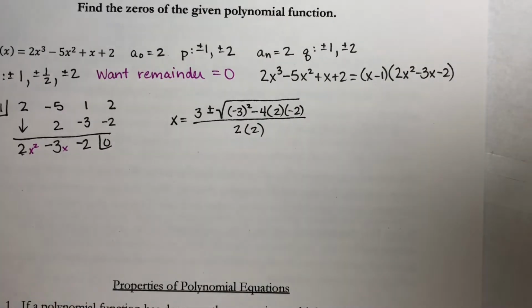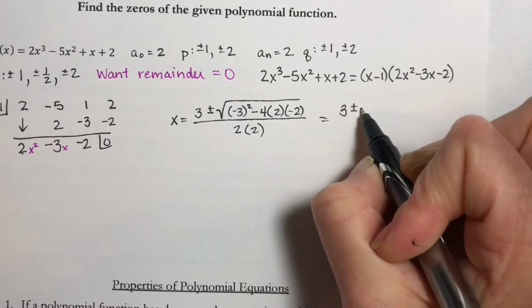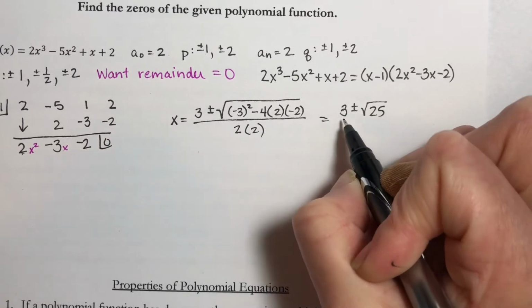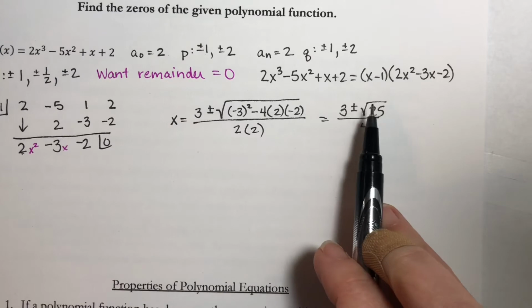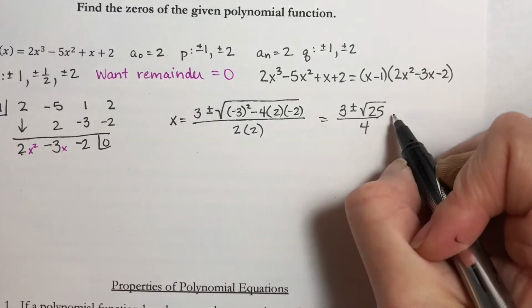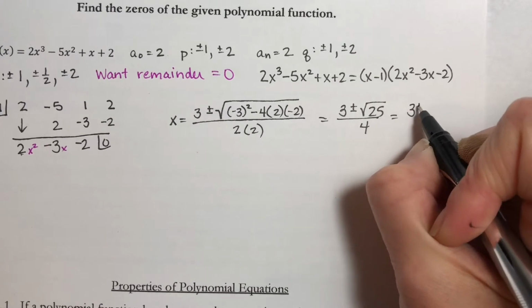If I do the calculations inside of the square root, I have 9 minus 4 times 2 times -2, and that is 25. So I have 3 plus or minus the square root of 25 over 4. Since this is a perfect square, I'm going to get 2 rational solutions.